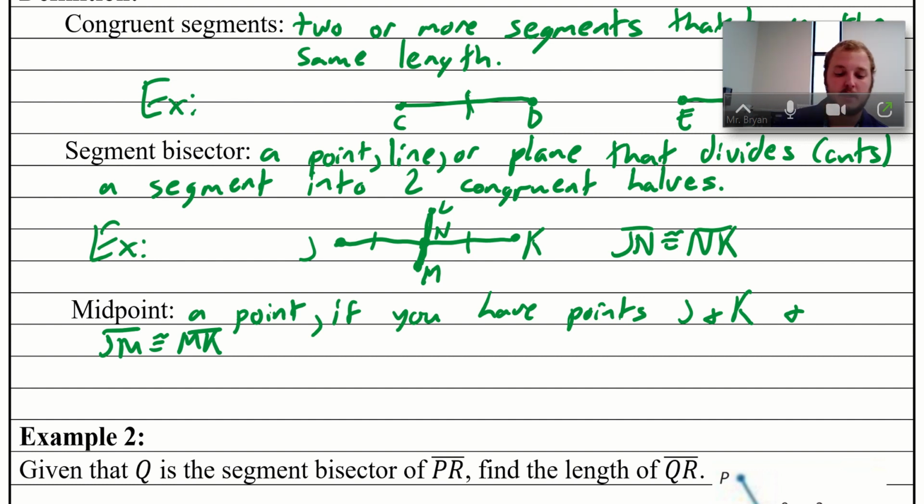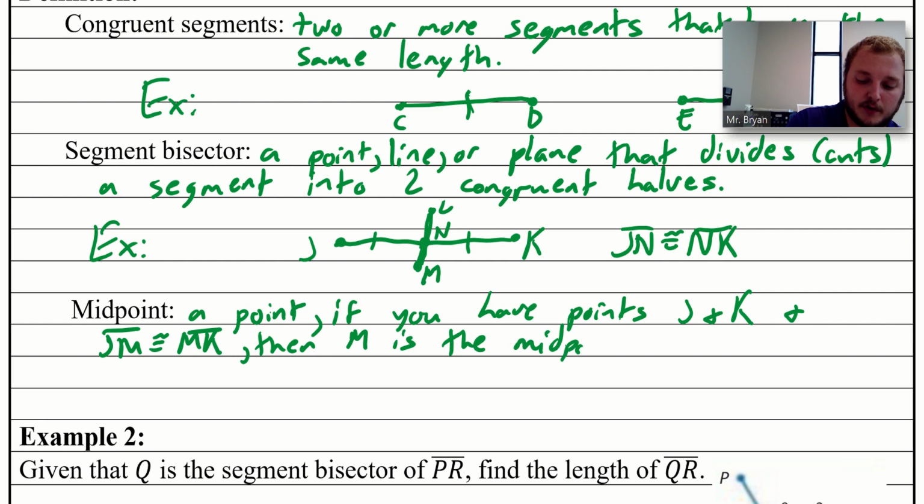If you have points J and K, and I say that JM is congruent to MK, then M is what we call the midpoint of JK.